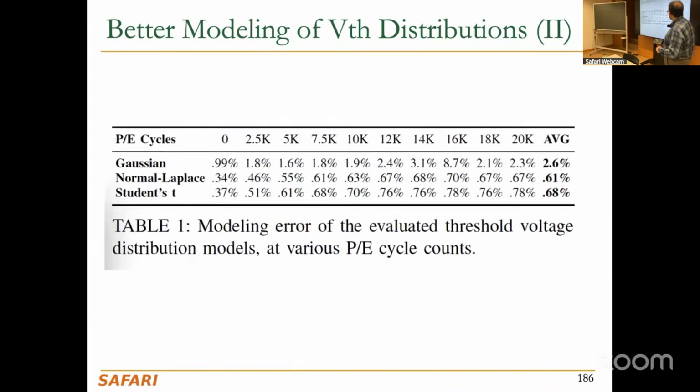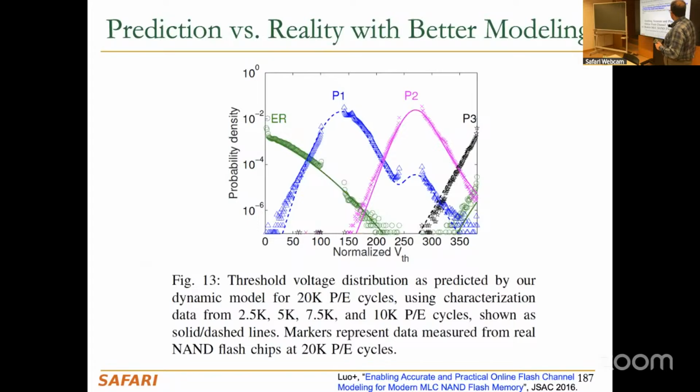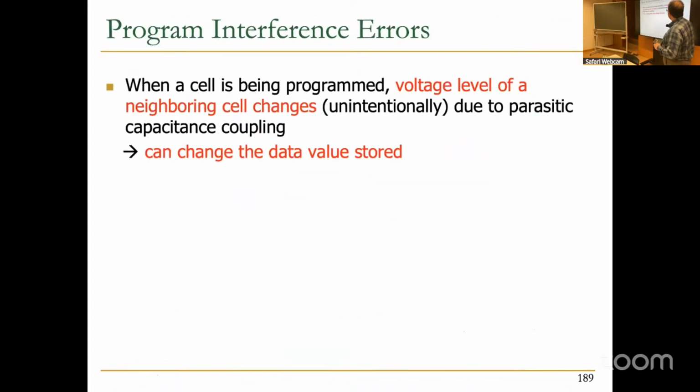With normal and Laplace, you are getting the same average, more or less. This is the average of the error that you are getting. Essentially, you can use Student's t to get a good trade-off between Gaussian and normal Laplace.